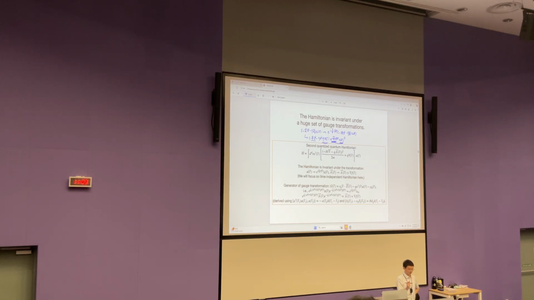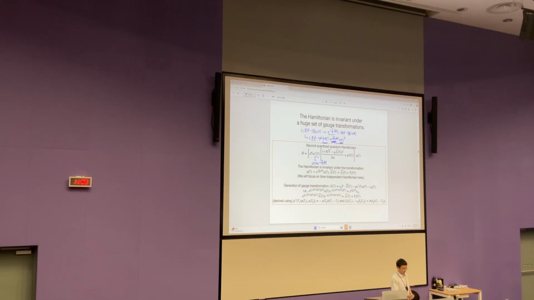So this is saying this derivative is as if it doesn't act on the first part, it only acts on the second part. That's why it's equal to this one. Then this derivative can be moved further forward, and coming from this A dagger, there will also be the derivative. Under the gauge transformation, A dagger becomes this one. These two phase factors just cancel each other. That's why the Hamiltonian is invariant.